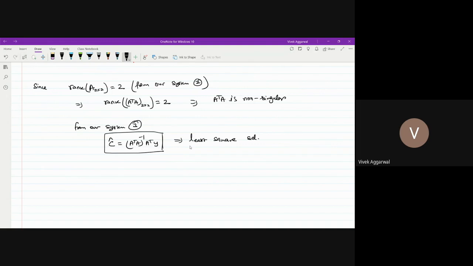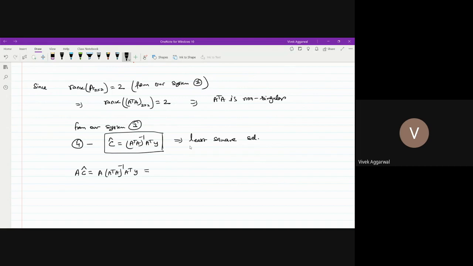So I can write that C hat is my approximate solution. I'll call this equation 4. I can also write from 4, pre-multiplying, A transpose A inverse A transpose Y.